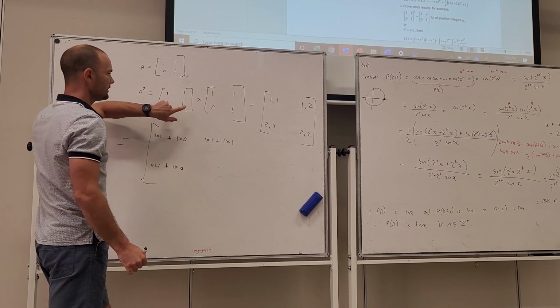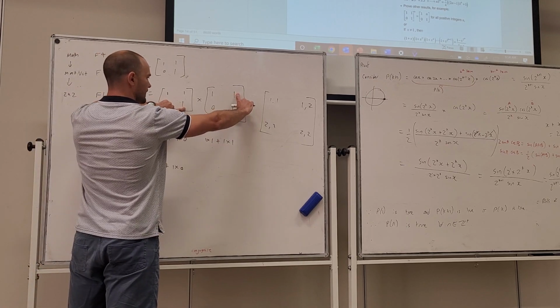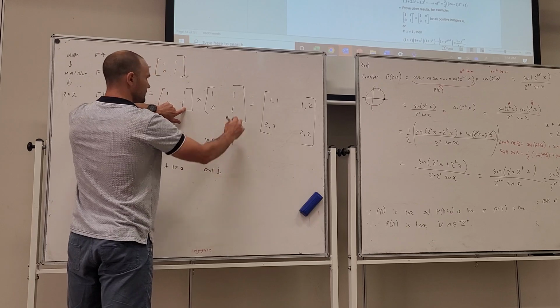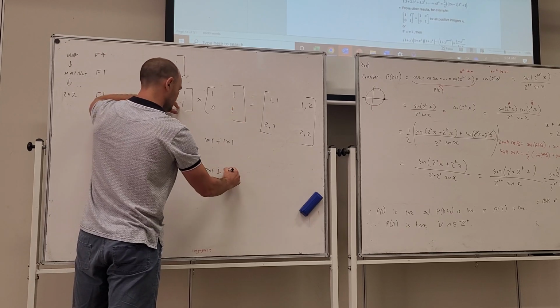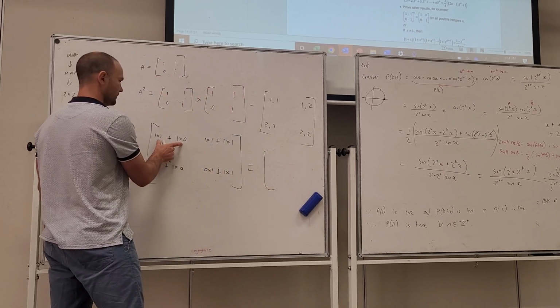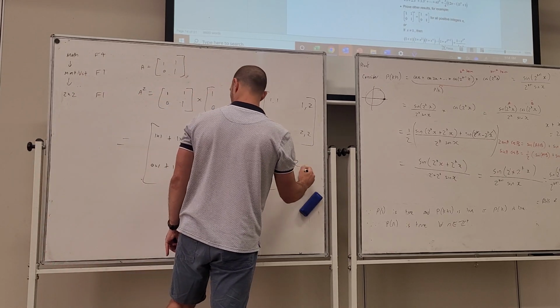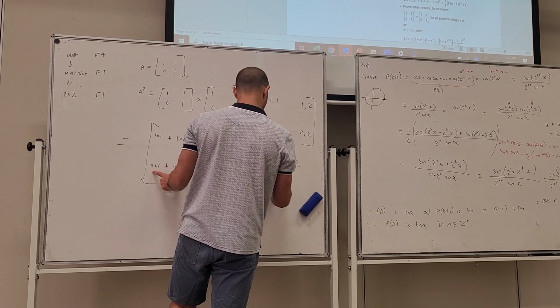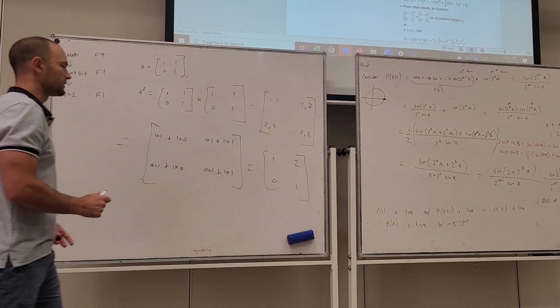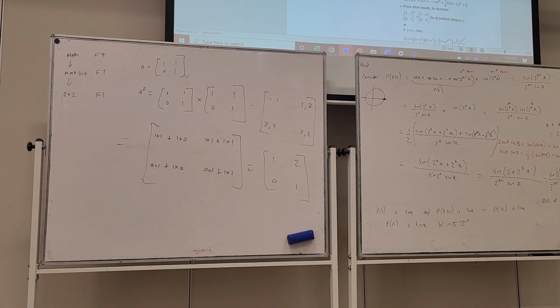And then lastly, the second row times the second column. 0 times 1 plus 1 times 1. Okay, so let's process that. This is going to be 1, this is going to be 2, this is going to be 0, and this will be 1. So that's the matrix A squared.